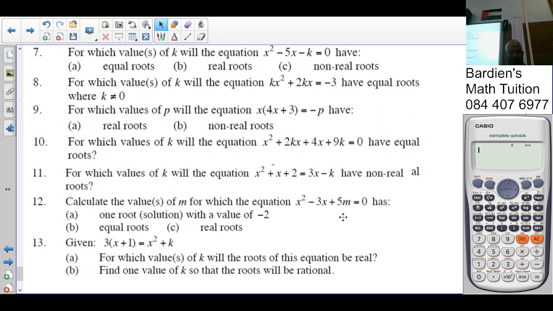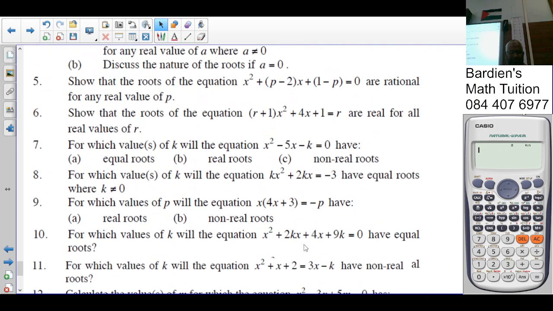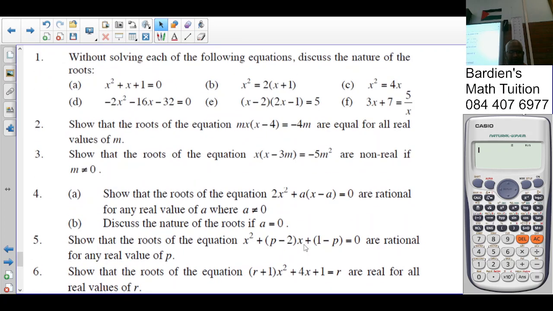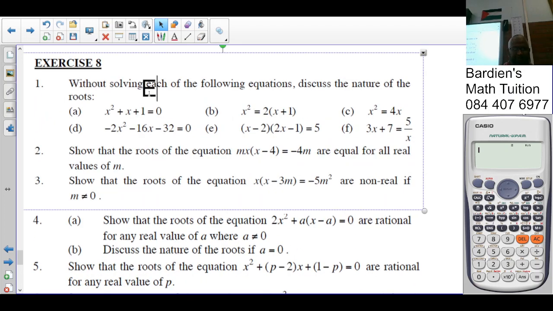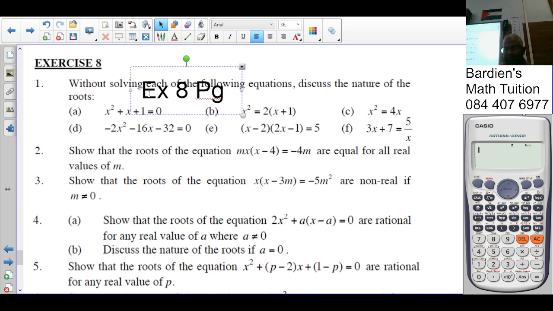So at this point you just write down the sums that are needed and then you do those sums, okay? At this point you would pause the video, of course. So this is exercise 8, page 36.